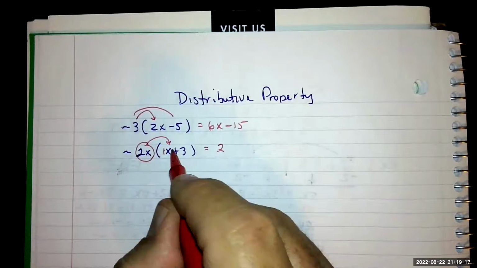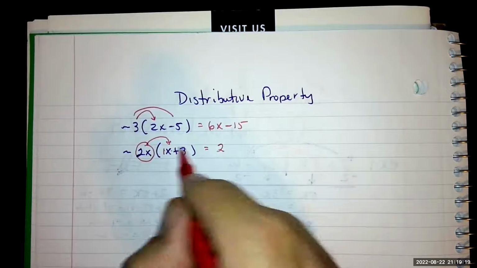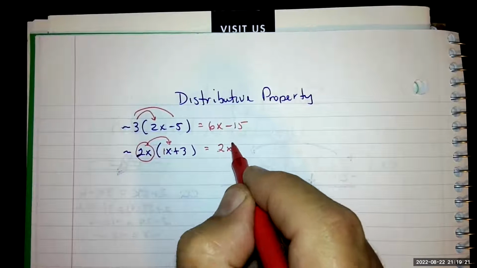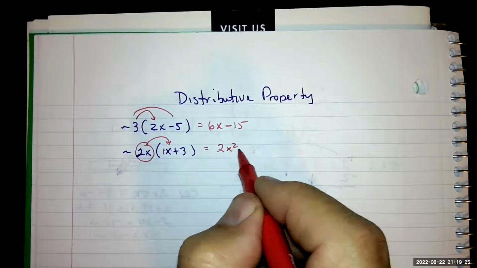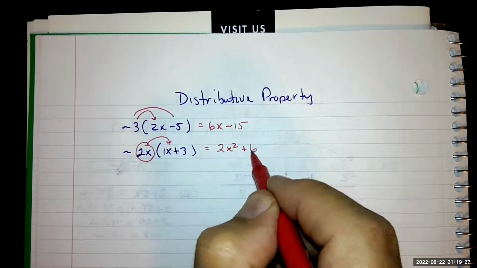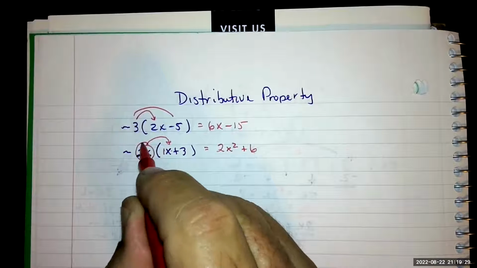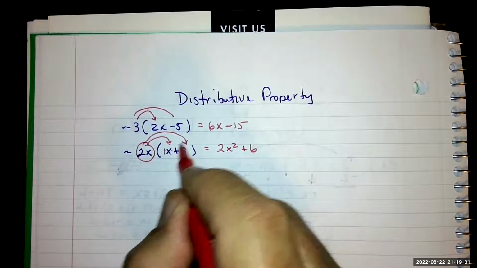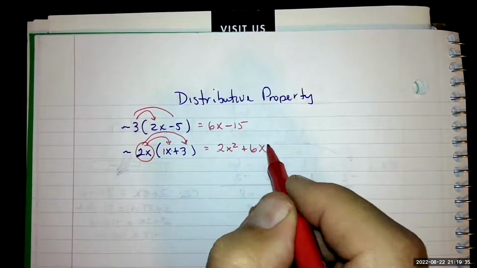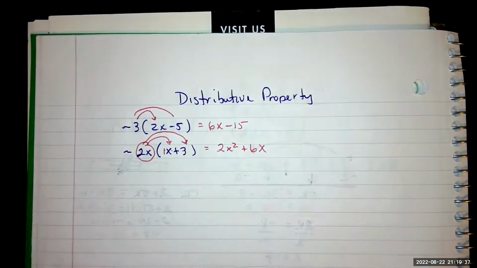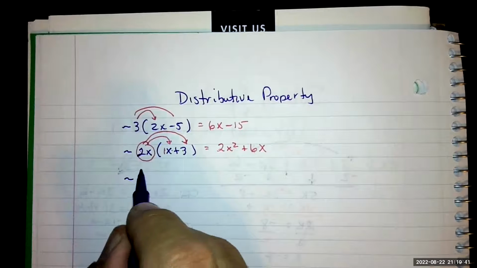We have an x here and x here. So that makes it x squared because we're multiplying variables. Then 2 times 3 is 6, and you have 1x here. So we're going 2 times 3 is 6, and it has 1x on there. All right, so that's how that one works. But what if you had something like this?